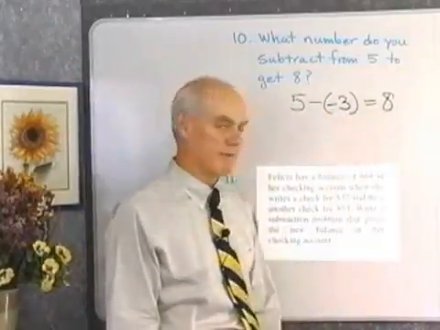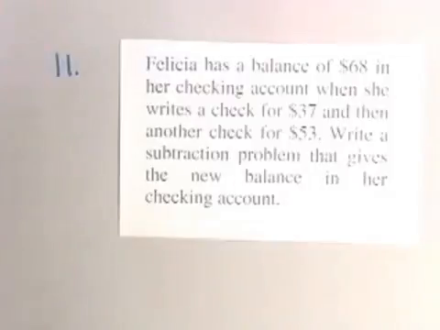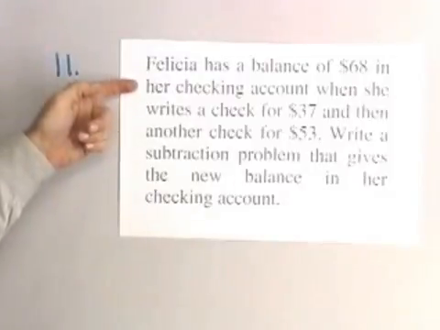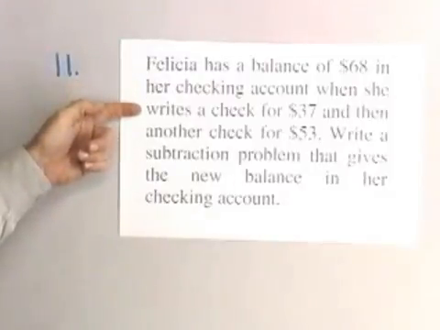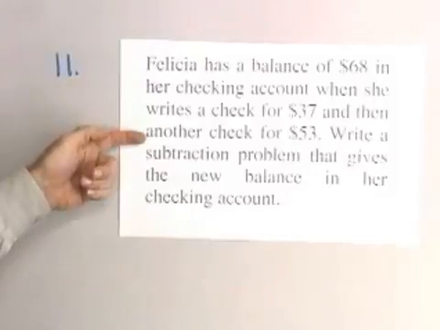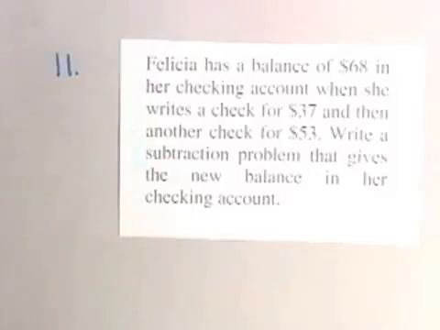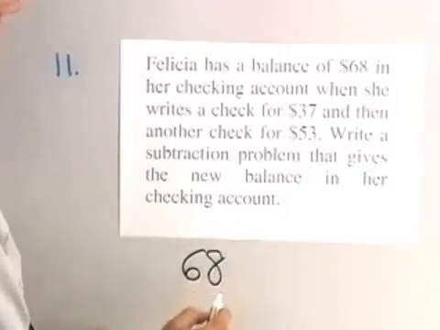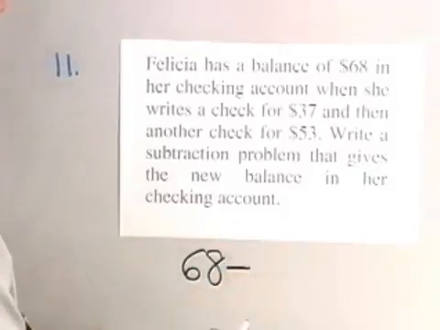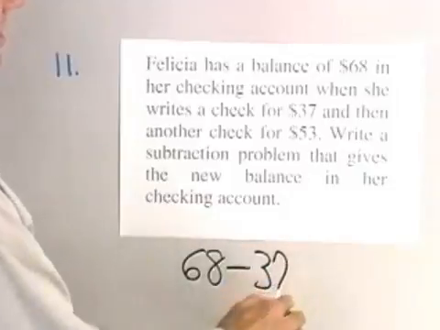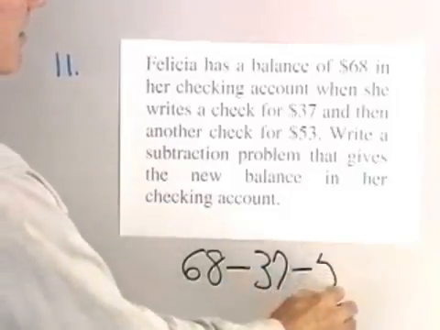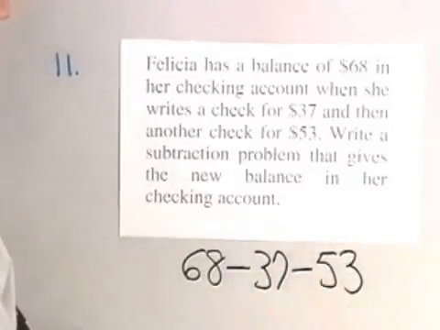Here's a word problem. Felicia has a balance of $68 in her checking account. When she writes a check for $37 and then another check for $53, write a subtraction problem that gives the new balance in her checking account. So I have $68 for the balance. I want to subtract from that the amount of the first check, $37. From that, the amount of the second check, $53.